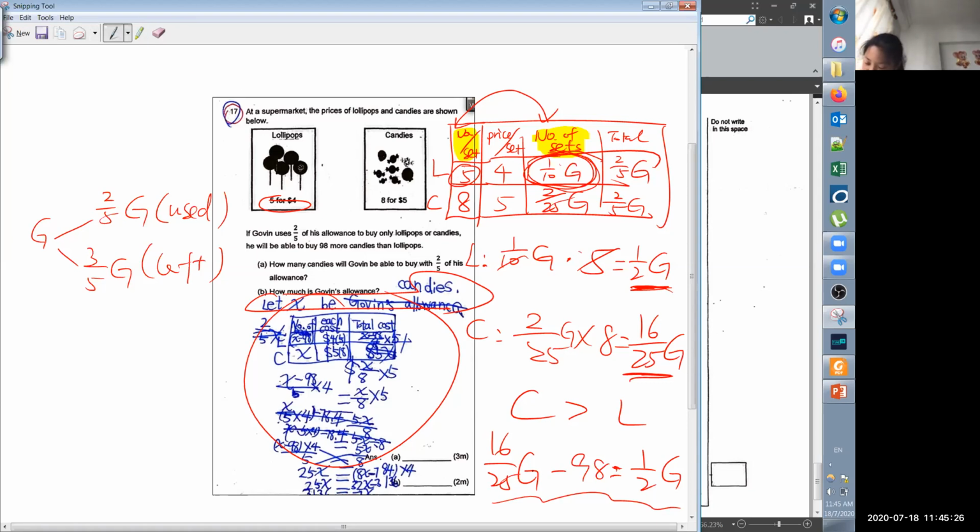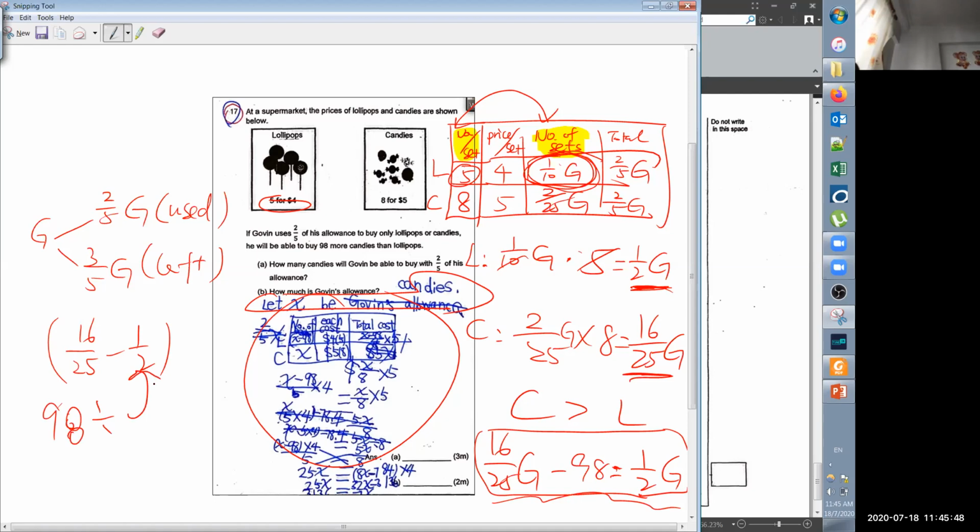It seems you take a bit of time. If I give you this equation, I'm just showing you how I can do it pretty fast. You just take this minus half, use your calculator, and then 98 divide by this.